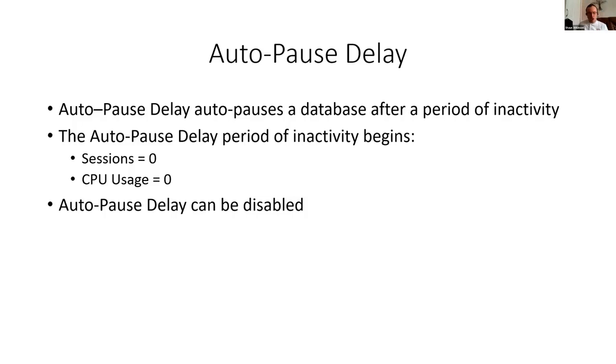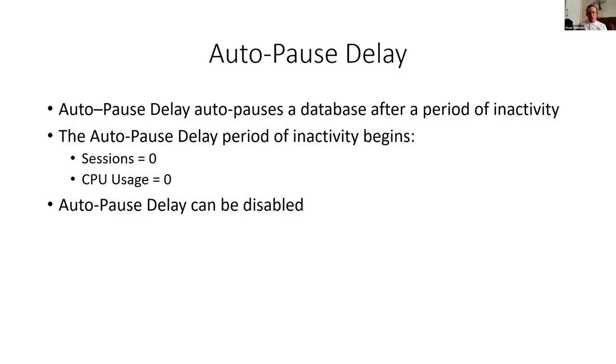And during the auto pause delay period, you're only charged for the minimum number of vCores and the storage that your database is using. The two things that start the clock on that auto pause delay period are when the sessions equal 0 and the CPU usage equals 0. So if you always have a session connected into the database all the time, then your database will never pause. It will always be sat online and you will always be charged for the minimum number of vCores and the storage. You won't get the cost benefits of the database being paused.